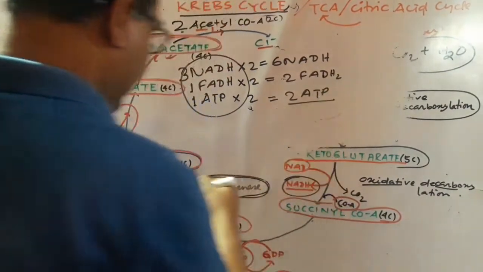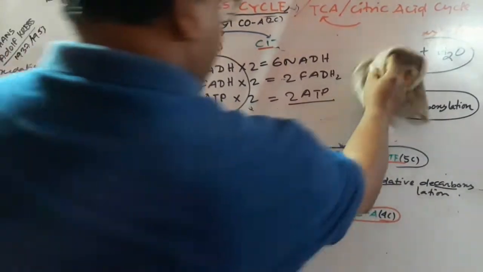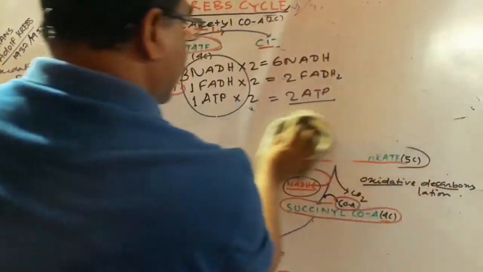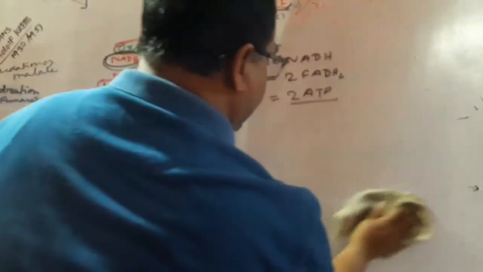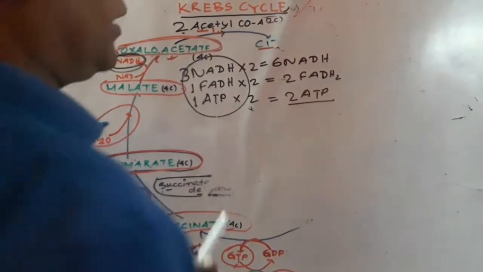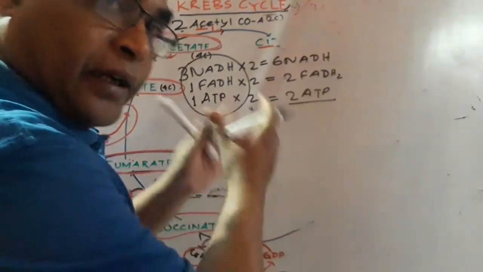In the electron transport system, these reducing agents NADH and FADH will be oxidized to liberate all the energy, and from that energy ATP will be synthesized.